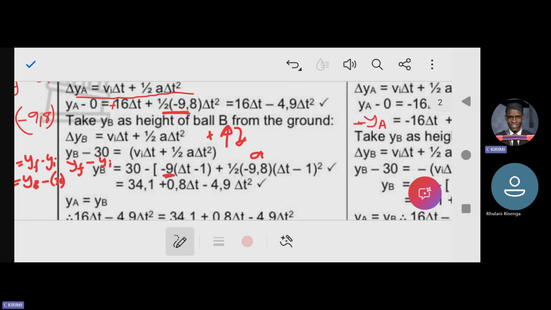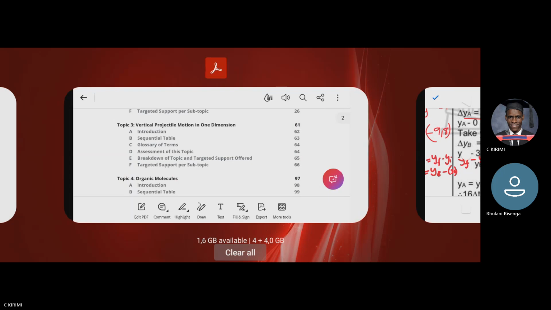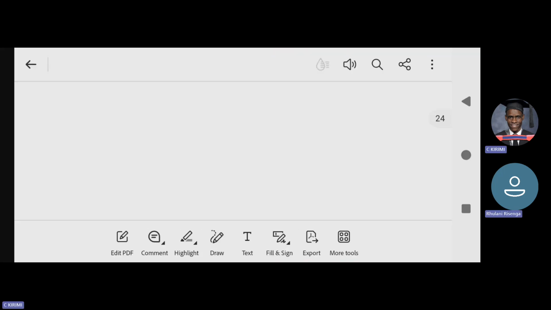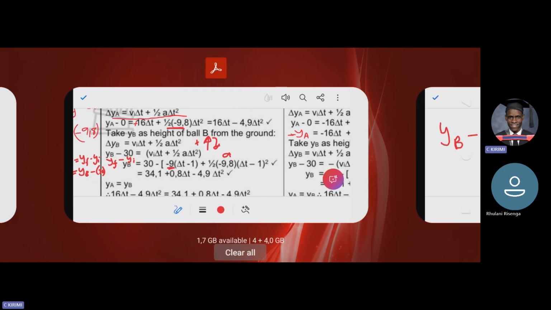All right, let's simplify it nicely so that we don't confuse each other. We are saying yB minus 30 is equal to, so we had our values for b, which is vi negative 9 delta t minus 1.